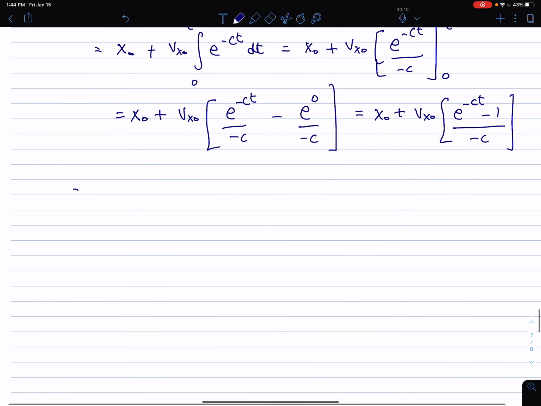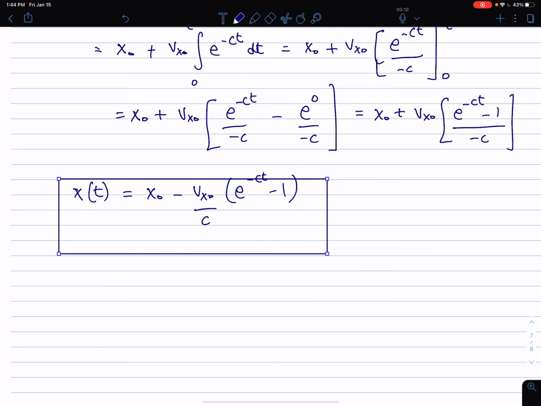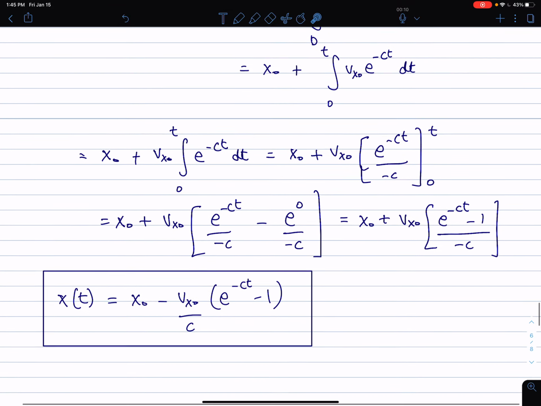Okay, so moving along, x of t equals x naught plus, or we can bring the minus c outside, vx naught divided by c times (e to the power minus ct minus 1). Okay. And that's it for the x motion.